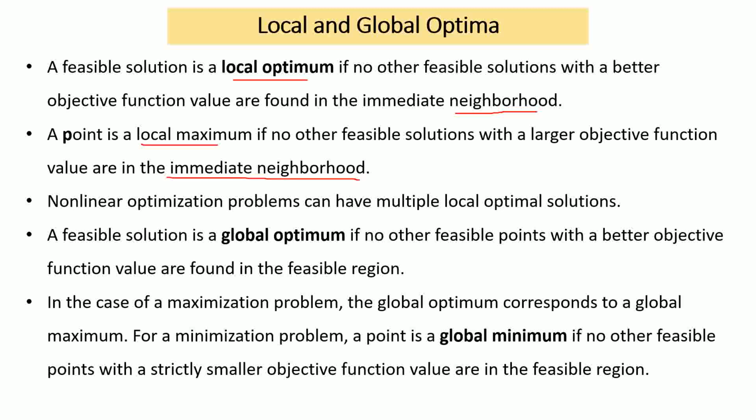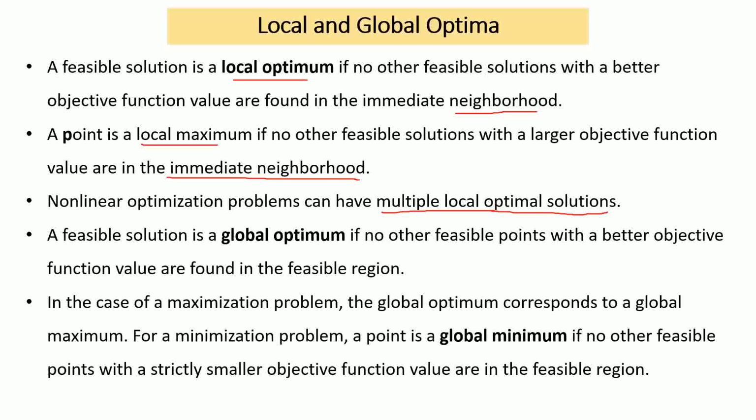So if it is a local maximum, locally that point provides the maximum objective function. So we can call it a local maximum, not a global maximum. Nonlinear optimization problems can have multiple local optimal solutions. There may be more than two local optimal solutions, but there is only one global optimal solution.